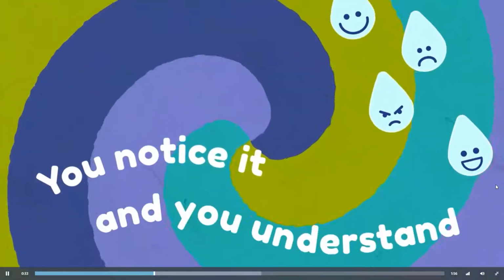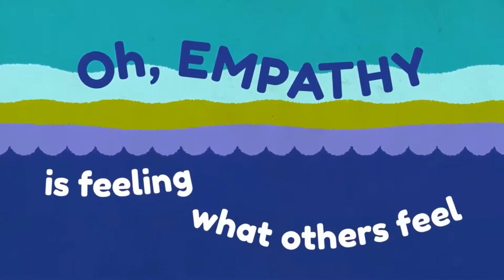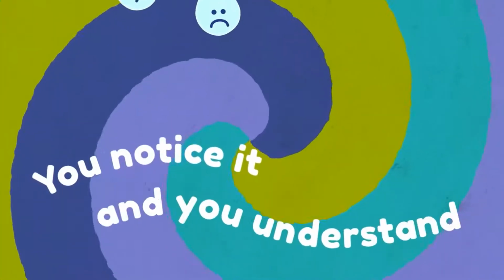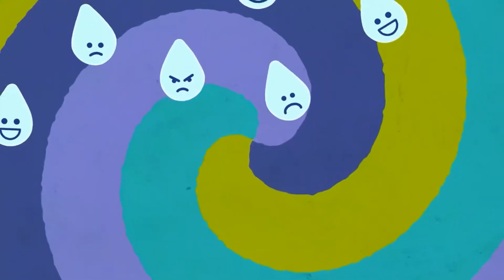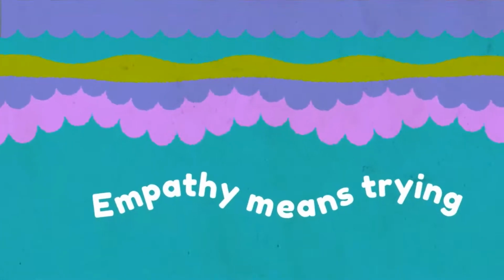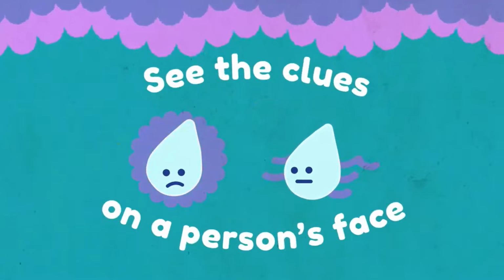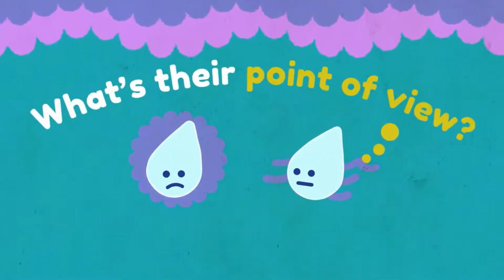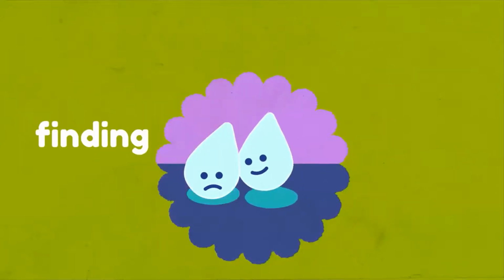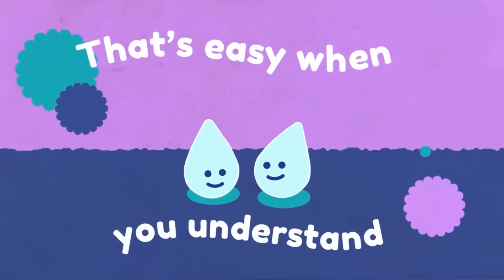You notice it and you understand. Empathy means trying to understand how another feels. See the clues on a person's face, then wonder what's their point of view. The next step is compassion. That's being kind and finding ways to help a friend. That's easy when you understand.